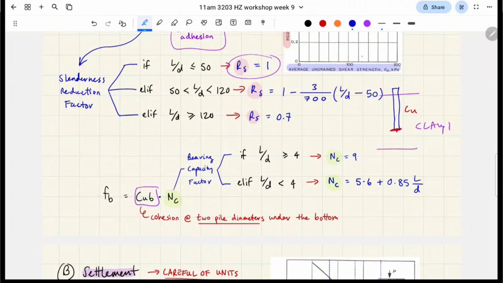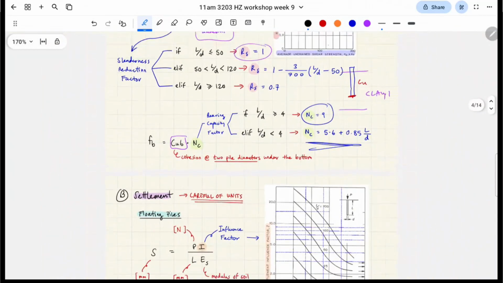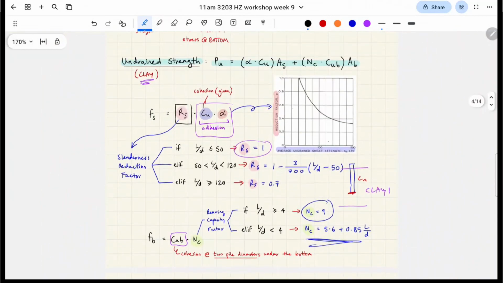Most of the time, you're gonna have something on this side where it's not super stubby, in which case your bearing capacity factor is 9. But sometimes you have to reduce this bearing capacity factor if it's a really stubby case, right? And we'll actually see that in today's workshop. Okay. Does anyone have any questions about strength so far?